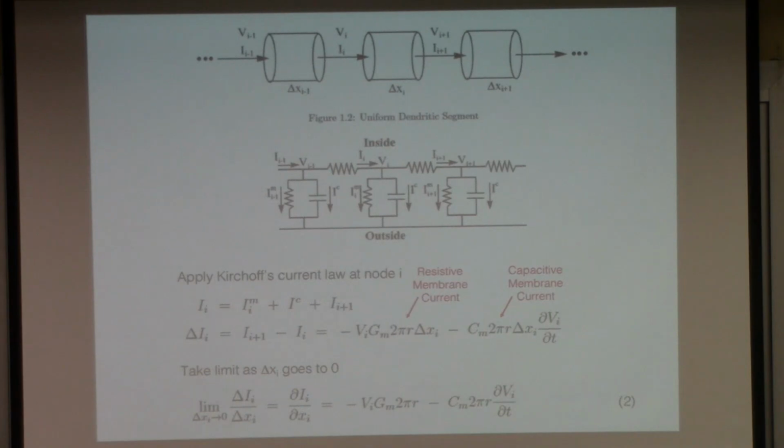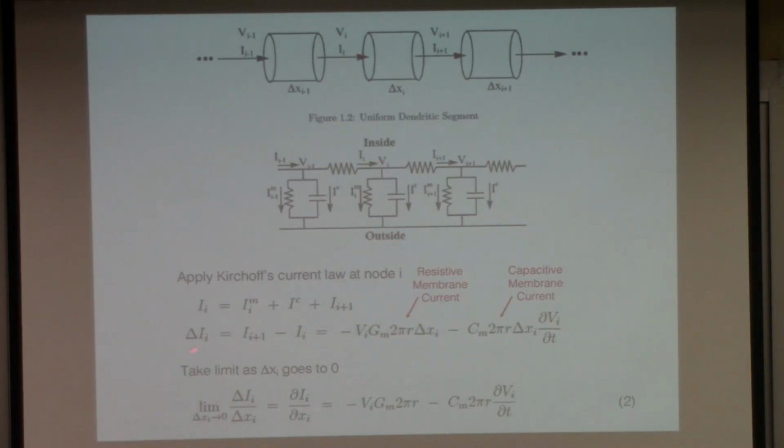That's Kirchhoff's current law. So if we compute the change in current, the delta I, to be the current leaving this node minus the current entering that node, there's only one way for there to be a difference between this current value and this current value, and that is current leaking out through the membrane.